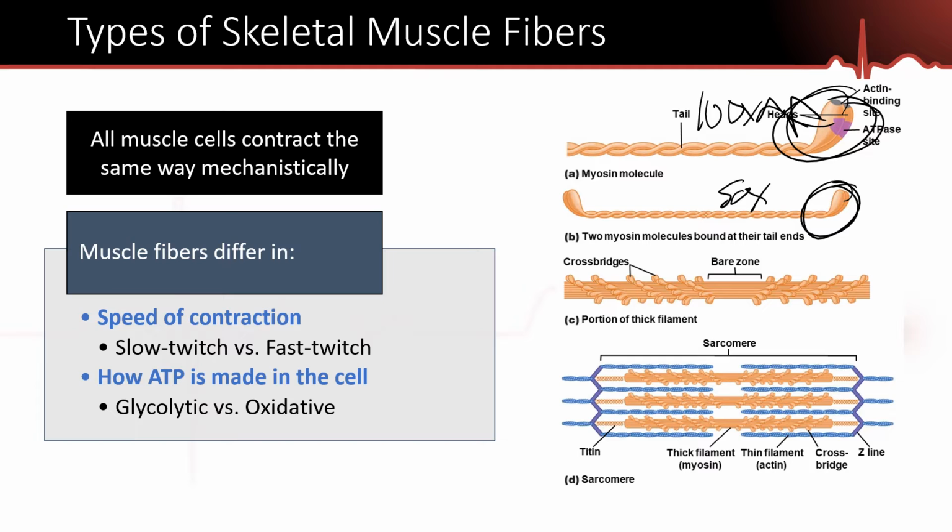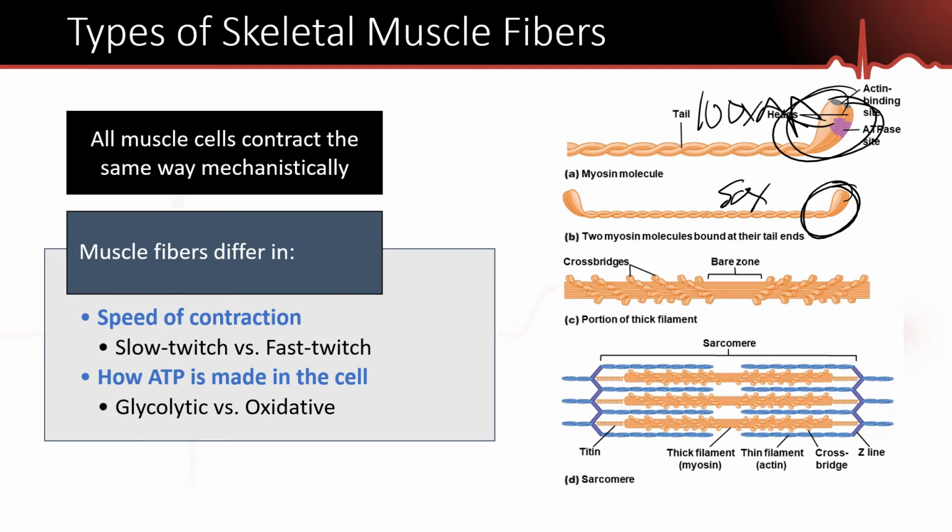Because the myosin heads within the fast twitch fiber are cycling 100 times over the course of a second, each myosin head is pulling actin towards the M line 100 times over the course of a second. So thus the fast twitch fibers shorten very, very fast because the myosin heads cycle at such a high frequency.